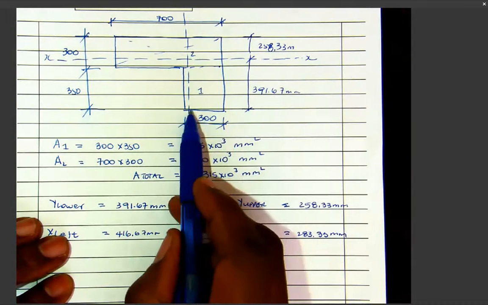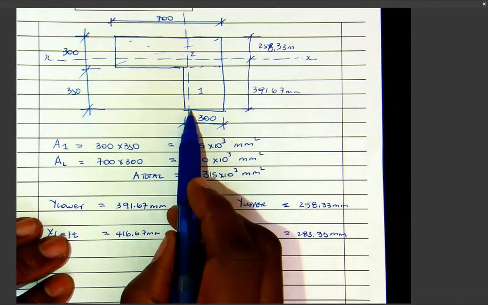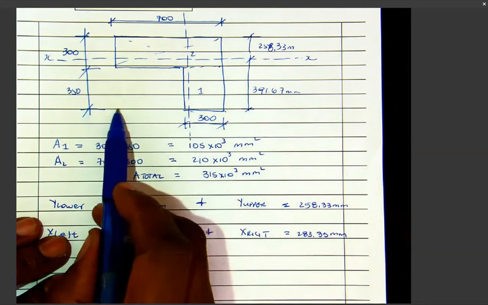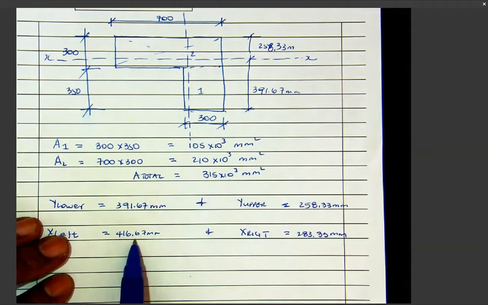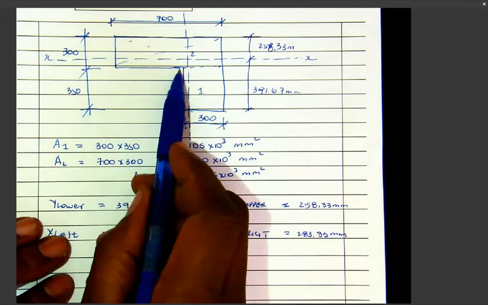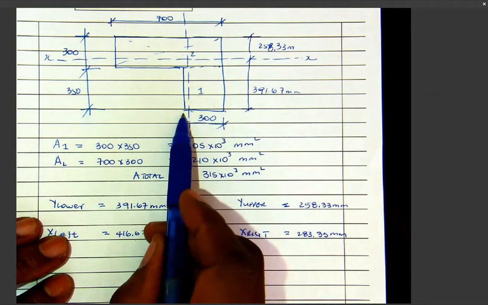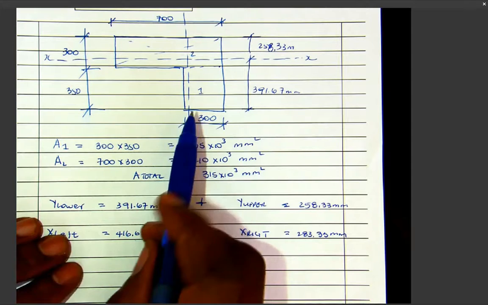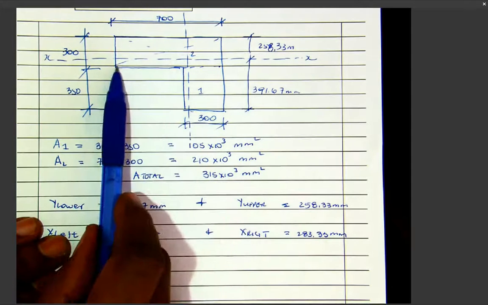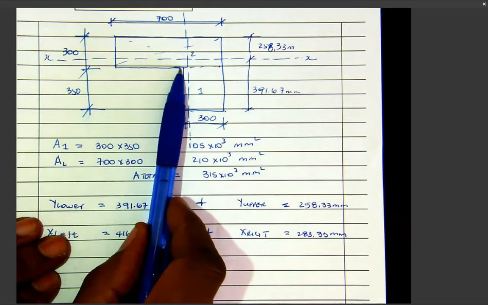From there to there is 283. From there to the far left is 416. So 400 is the distance, because from there to there is 300. So if I subtract 300 from 700, then I'm left with 400. So that distance there is 400.